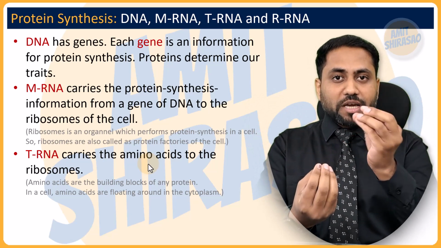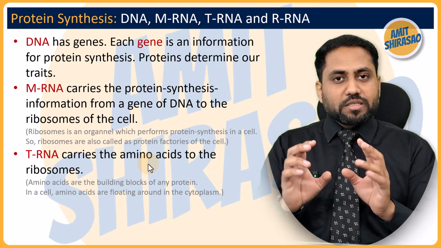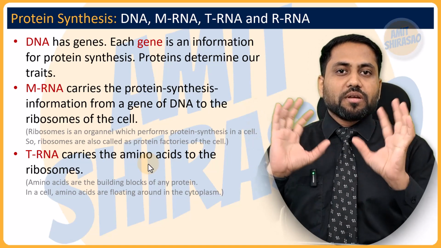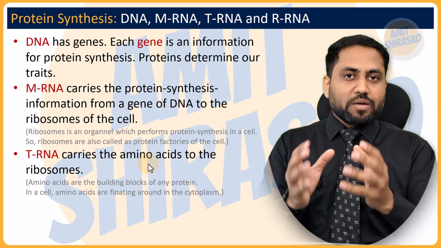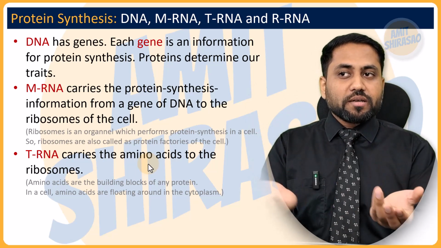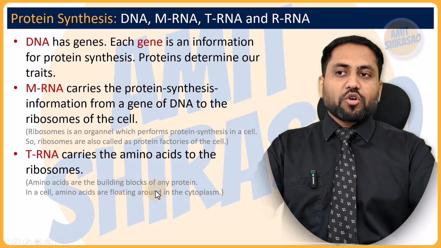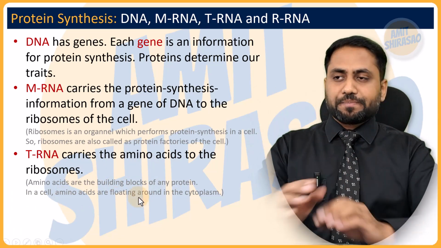For that it requires amino acids. Now where will it get it from? Now amino acids are also floating around in the cytoplasm. Who will bring those proper amino acids to this ribosome? Who will do that? tRNA does that. Okay, so amino acids are the building blocks of any protein. In a cell, amino acids are floating around in the cytoplasm.